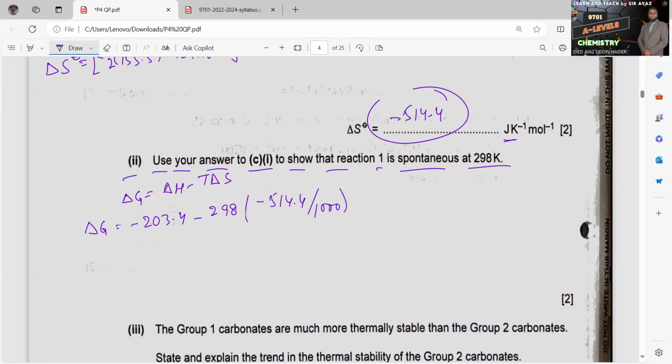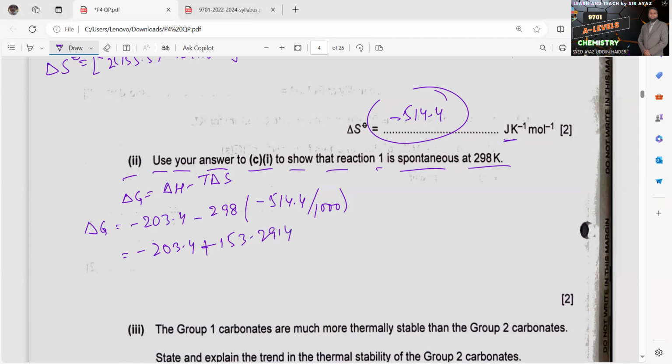Minus multiplied by minus becomes plus, so we have 514.4 divided by 1000 multiplied by 298, which is 153.2912.